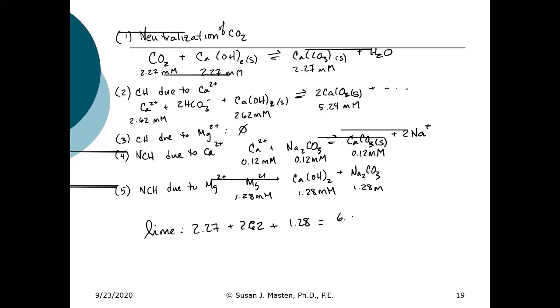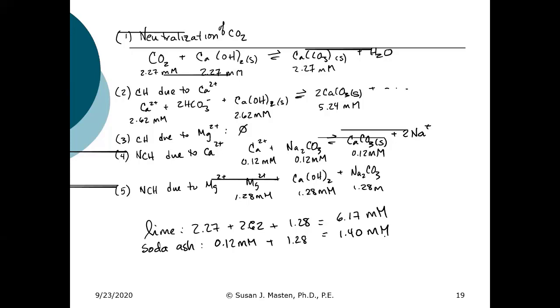So we need 6.17 millimolar of lime. And soda ash, we need 0.12 millimolar plus 1.28, so we need 1.40 millimolar. So that gives us the amount of lime and the soda ash that we need.